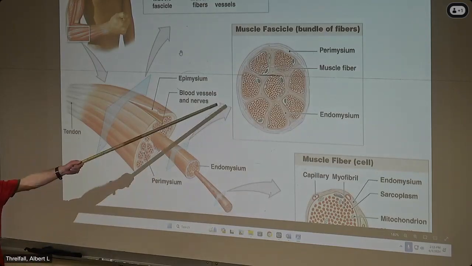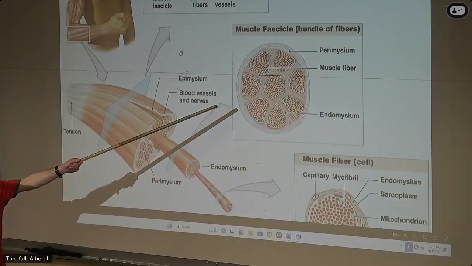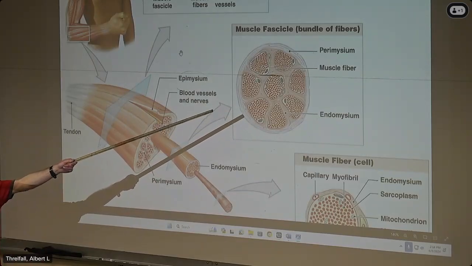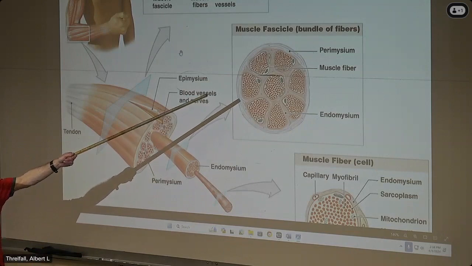Now take a look at that fascicle. Does it have an outer boundary? It's called the perimysium.